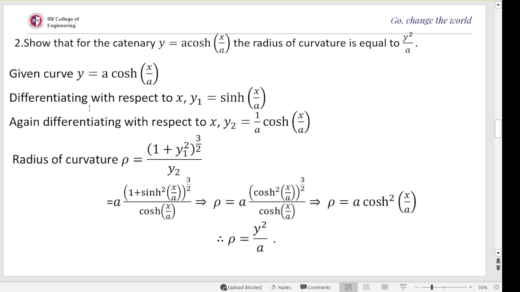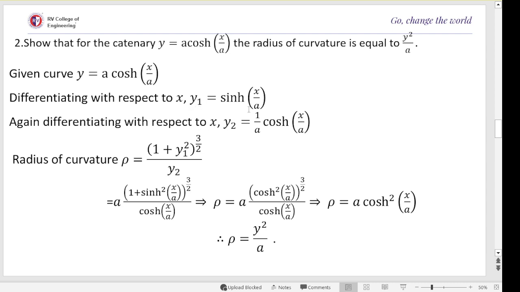So for y1, differentiate your curve with respect to x. So y1, dy by dx, equal to a into the derivative of cos h (x by a), which is sin h (x by a), into the derivative of x by a, which is 1 by a. So a and a cancel, you will get y1 equal to sin h (x by a). For y2, you differentiate y1 again with respect to x.